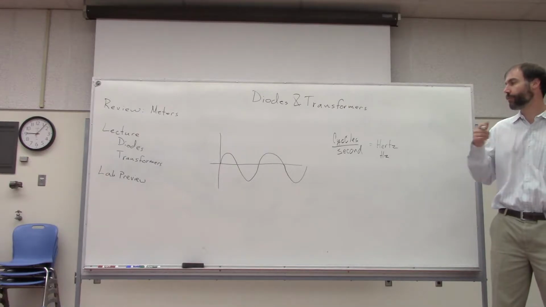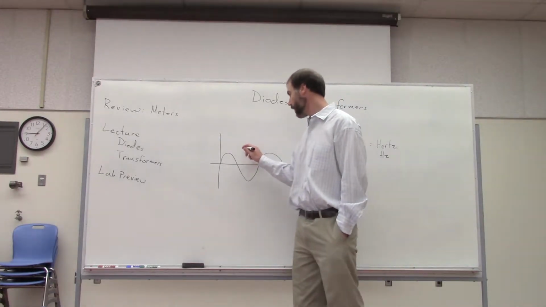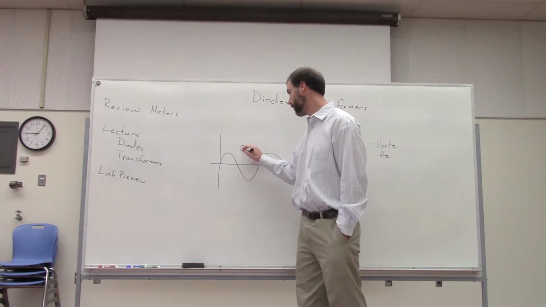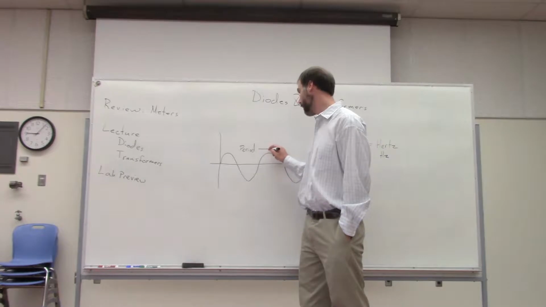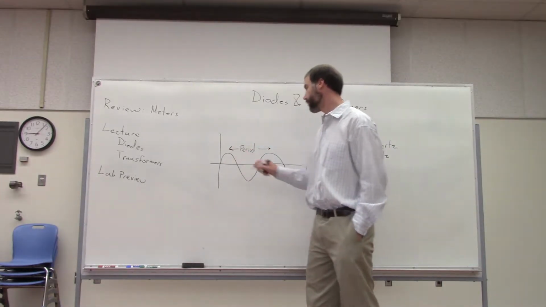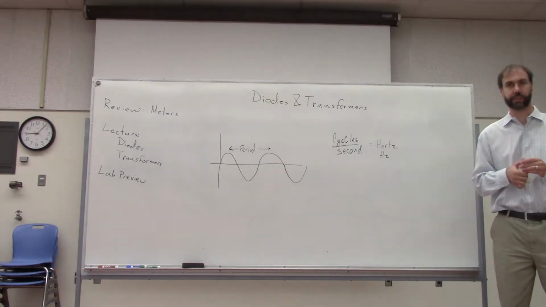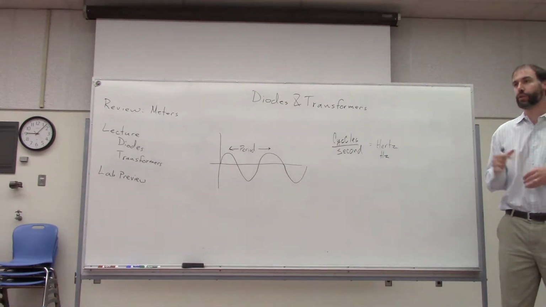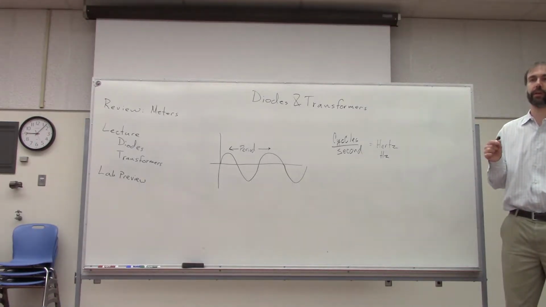And we said that the frequency is related to another quantity, the period. We said that the period was the amount of time that it takes for one cycle to complete. So if something is happening 5 times in a second, that means that each cycle lasts for 1/5 of a second, right?